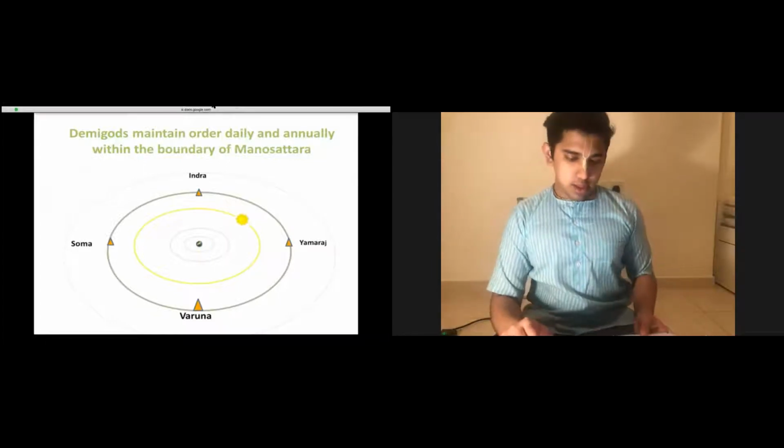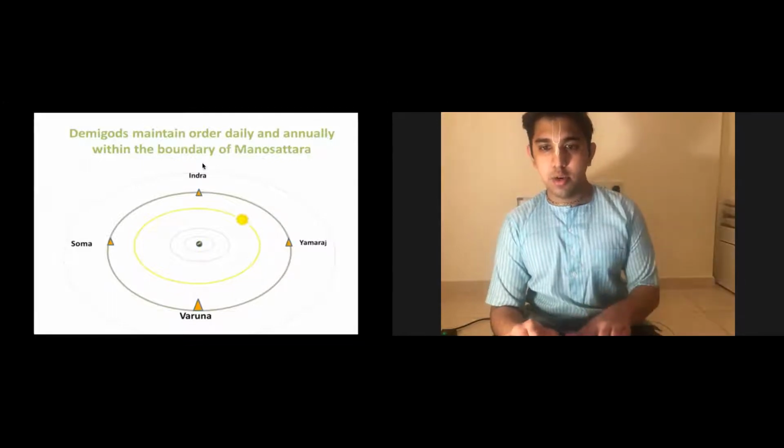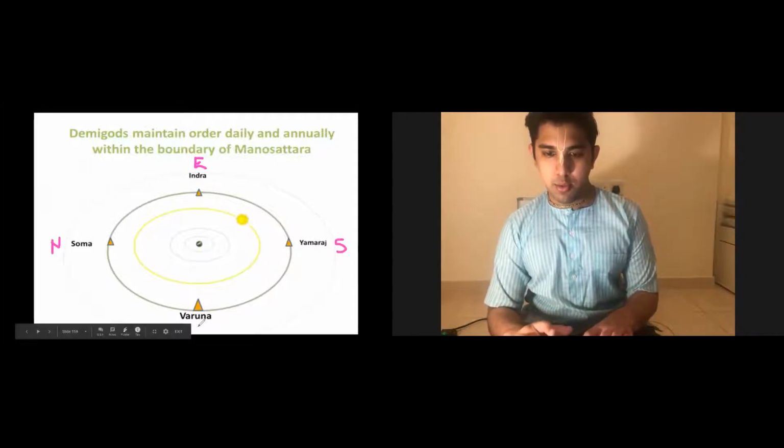So as per this image, we are looking at east over here. Then naturally we'll have north and south and west.